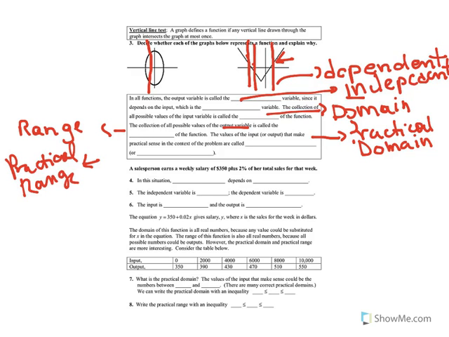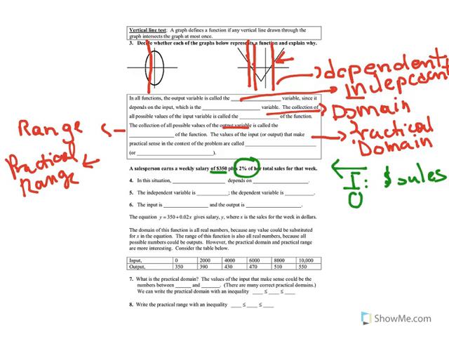So right here we have an example. We have a person that earns $350 and makes a commission of 2% for the total sales in a week. So in this particular situation, the input is the amount of money that this person sells, the money in sales.